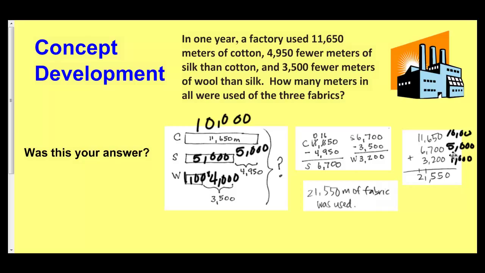This is just my estimate to check for reasonableness. So I'd have 10, 5, and 1, which would be 16,000. You might be thinking, well, 16,000 is not really close to 20,000. But considering that I rounded 1, 2, 3, 4, 7 numbers, it is reasonable. It's not super accurate, but it is reasonable.